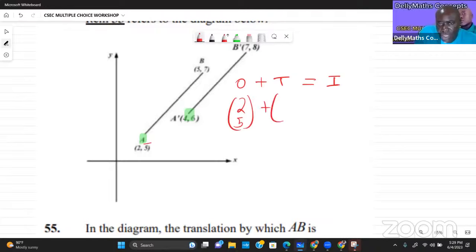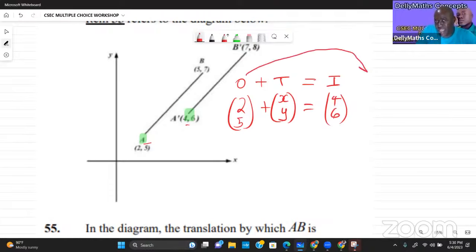That was added to some translation that we don't know yet, x at the top, y at the bottom, and it turned it into (4, 6). Now, if I want to find this translation, I'm going to subtract. Or you could bring this across and change the sign. So (x, y) is equal to (4, 6) minus (2, 5).